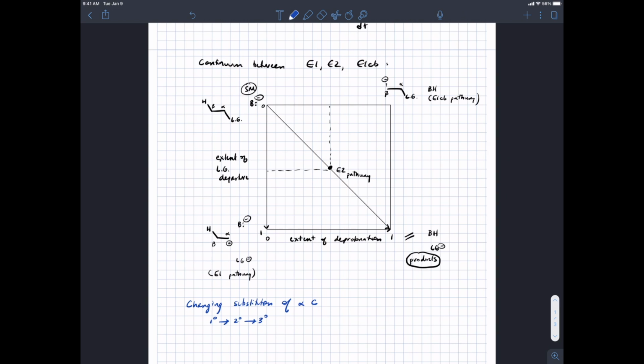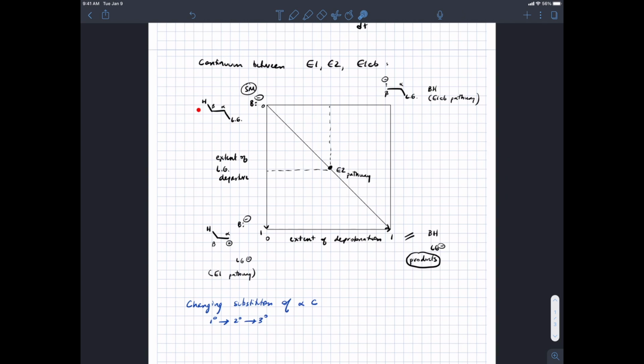Looking at this diagram, what would changing substitution do for the stability of the various corners? Should it do anything to the starting material? Yeah, Kim, I see you nodding your head.